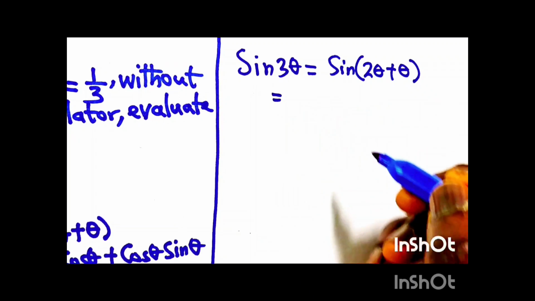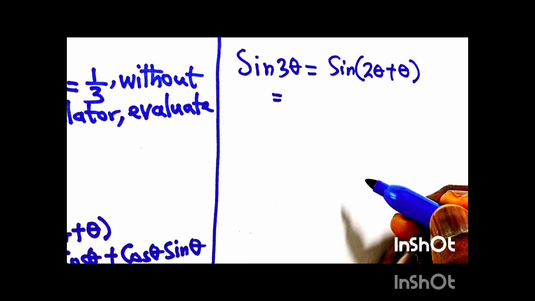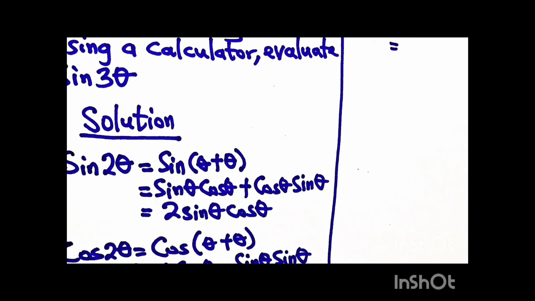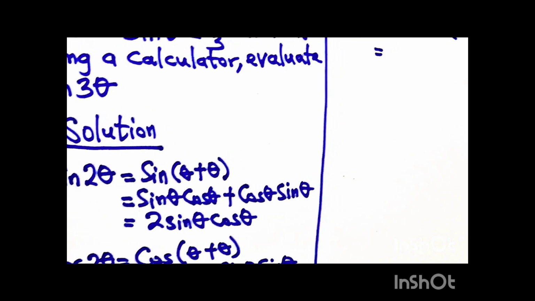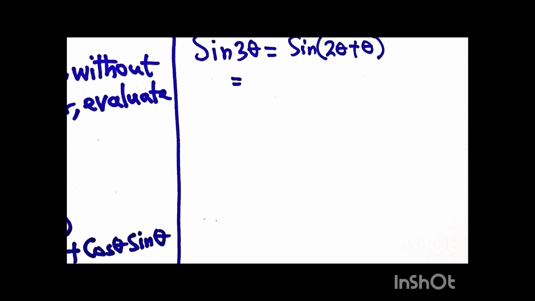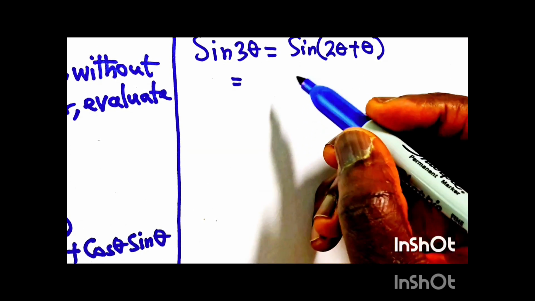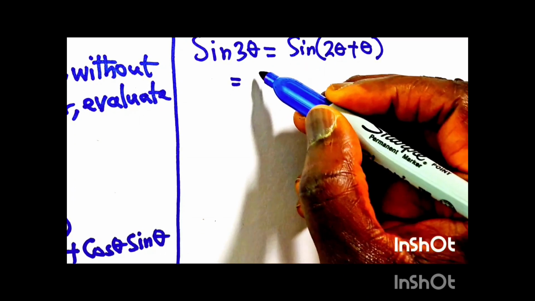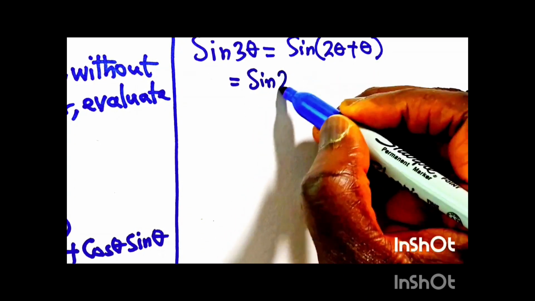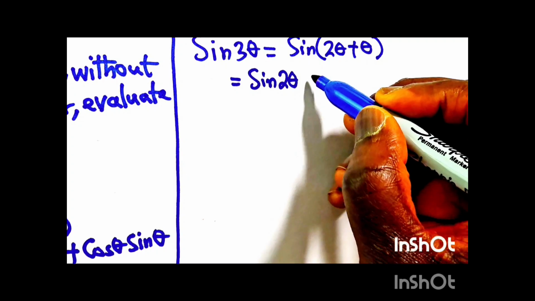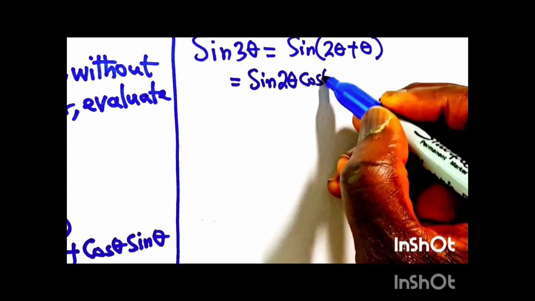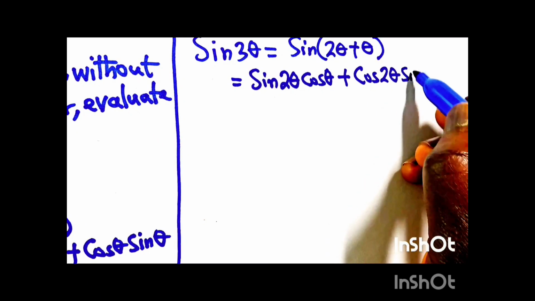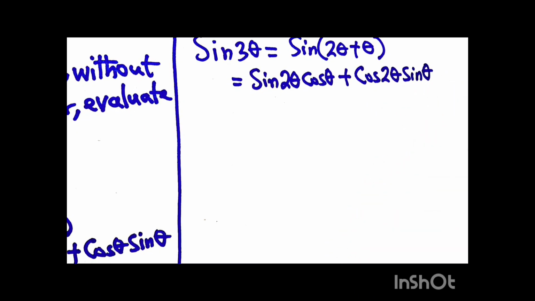If we expand that, based on the way we expanded sine 2 theta, which gave sine theta cos theta plus cos theta sine theta, the same way we're going to expand this, and it's going to give us sine 2 theta cos theta plus cos 2 theta sine theta. I'm pretty sure we are following that.